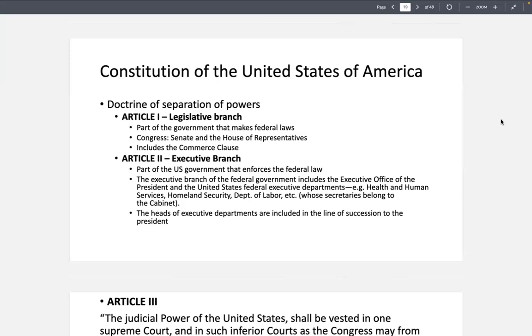So the first six articles are the ones that you really need to know, that are all still very much in operation today. The 7th article, again, just has to do with 9 of the original 13 colonies being required to approve, i.e. ratify, this Constitution officially, which successfully happened, so Article 7 is no longer ever needed. That was just for the original Constitution to be passed.